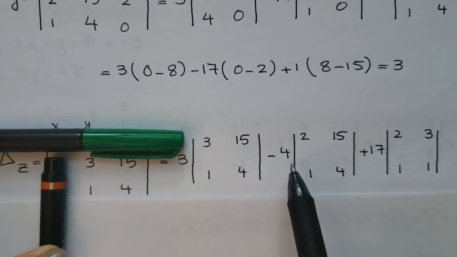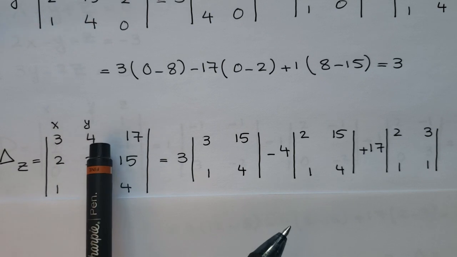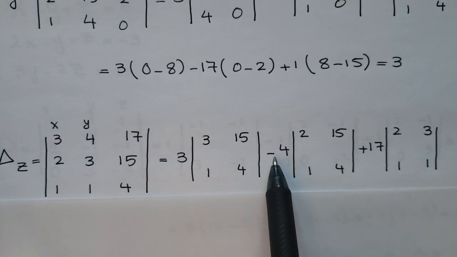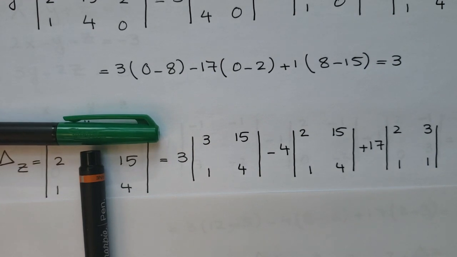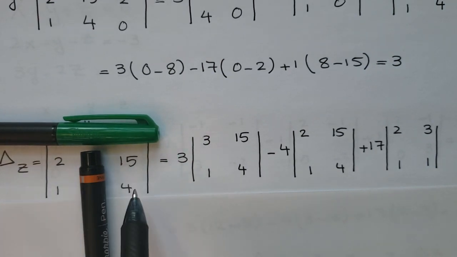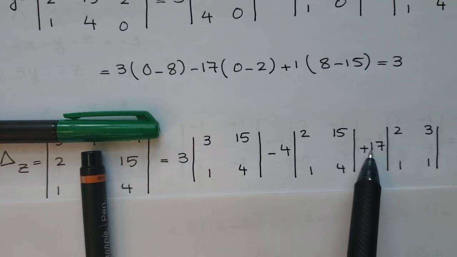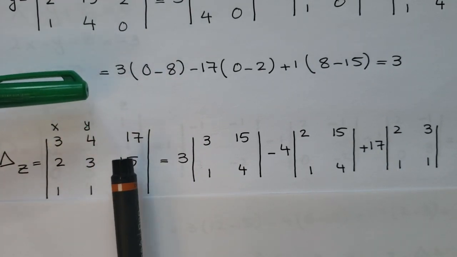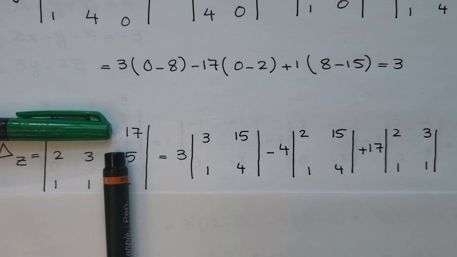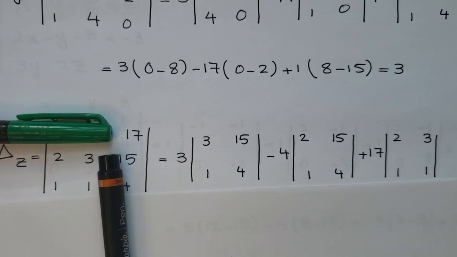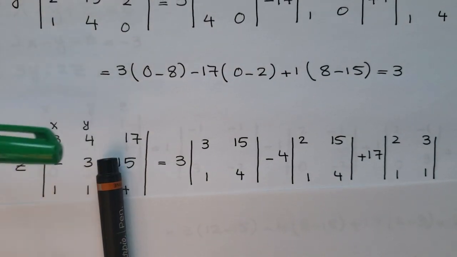Okay. Now the second main element is 4, which always comes with a negative sign. So again, these two will be eliminated, and I'm left with 2, 15, 1, 4. Okay. And now the third main element is 17. So when I eliminate that, I'm left with a 2 by 2 determinant of 2, 3, 1, 1.